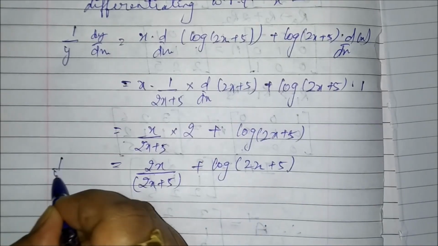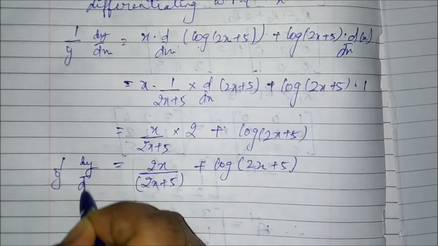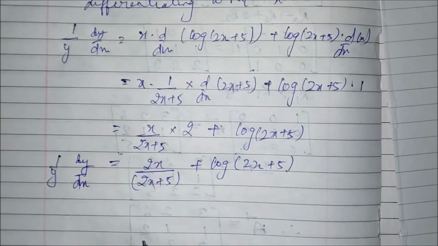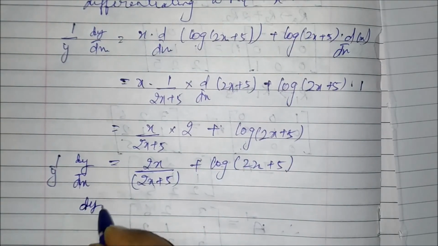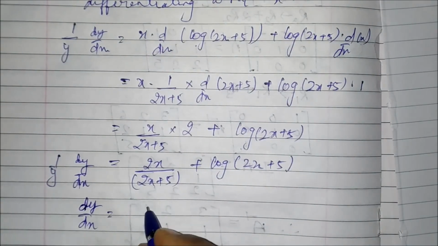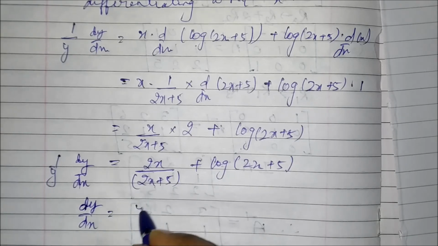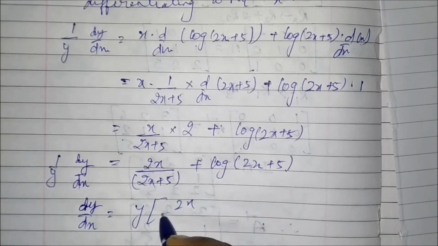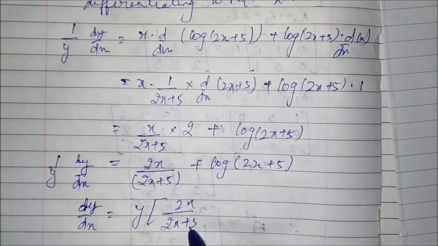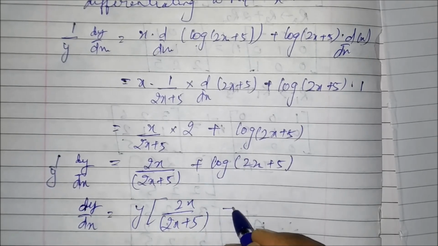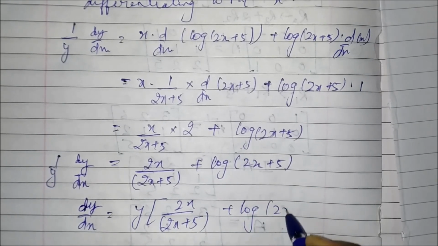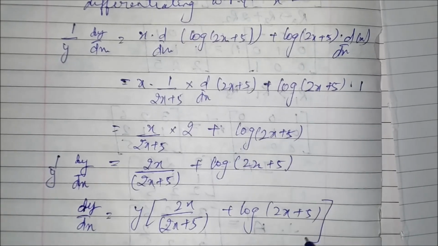Here we have 1 by y dy by dx. So shifting this y here, we get dy by dx equals y. What is y here? 2x upon (2x plus 5) plus log of (2x plus 5).